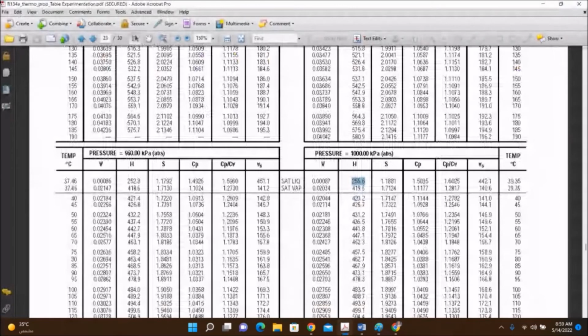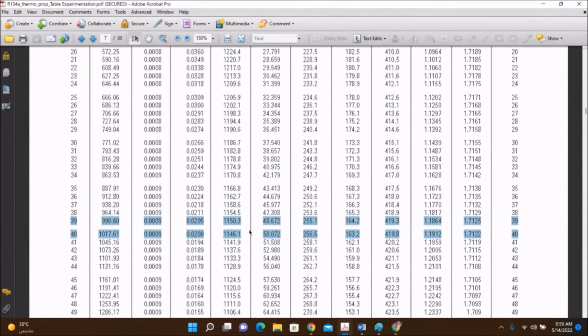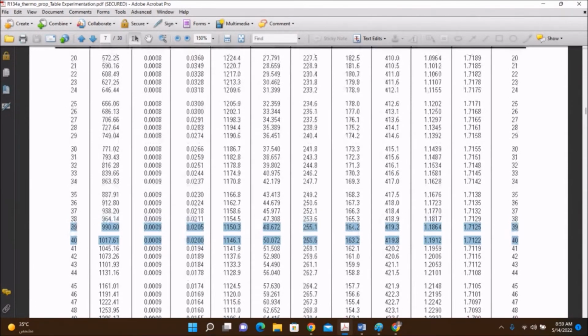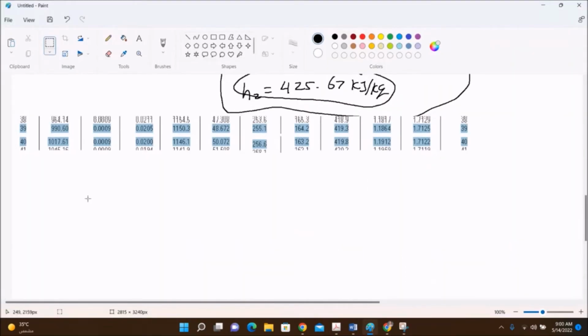Now this is the superheated table, saturation table, and go to the 1000 kPa. In between these two columns, where is HF? Yes, here: 255 and 256.6. So I can take the average of these two, using interpolation here. So I need to find the interpolation value in between.